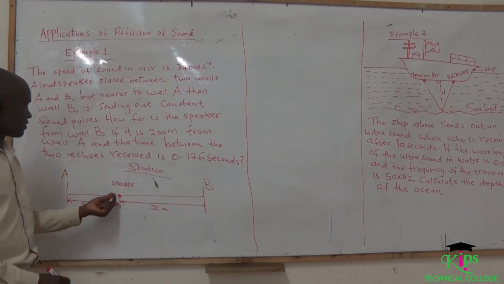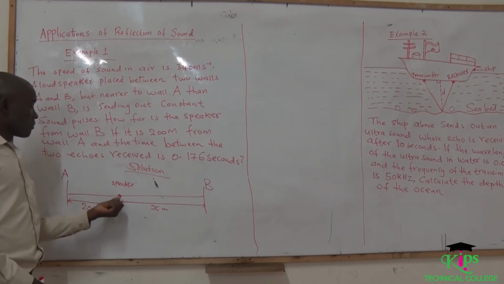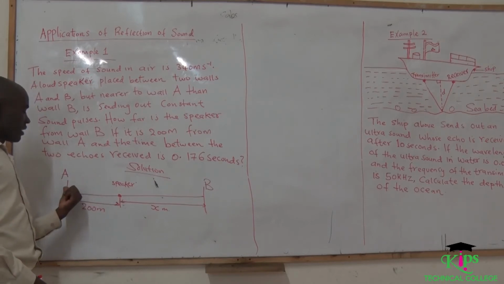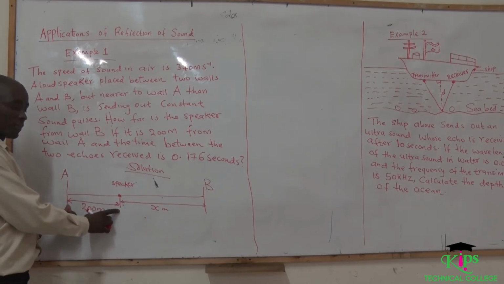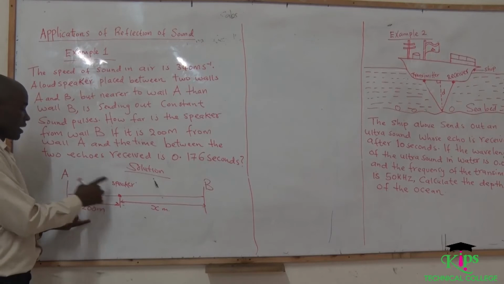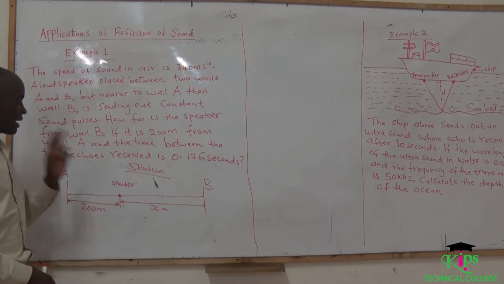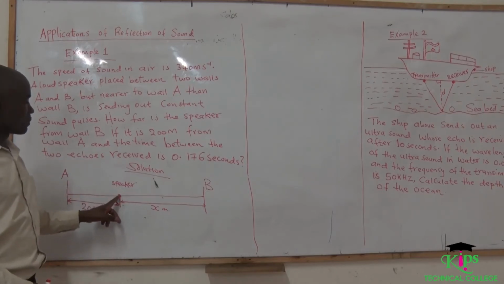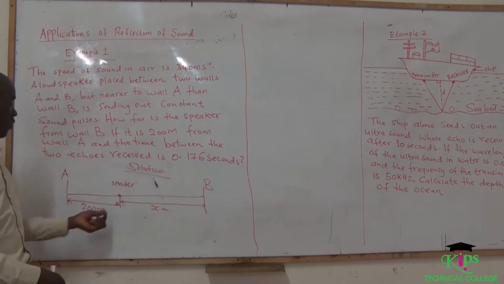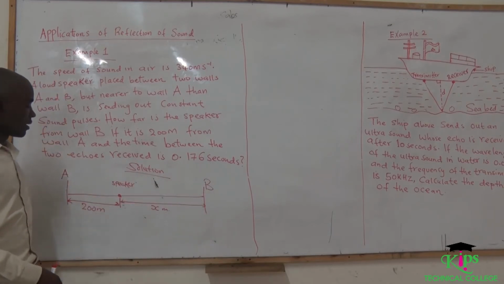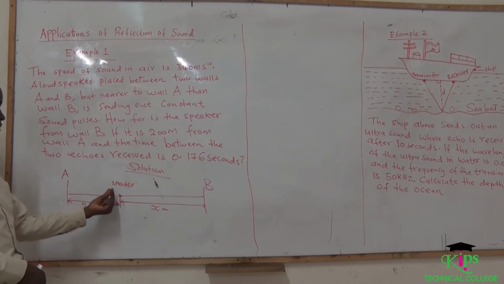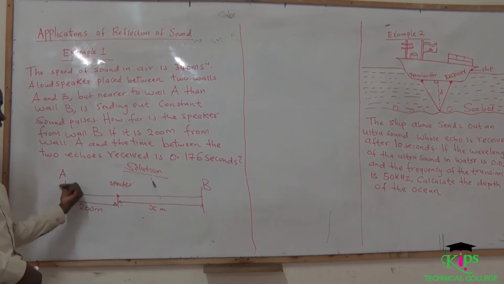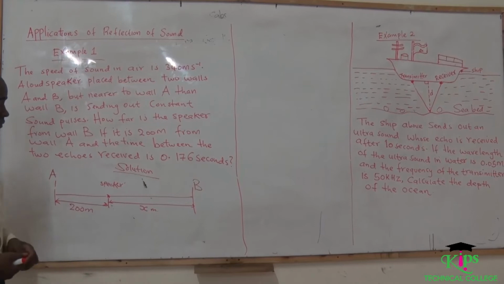It means that the sound from the speaker will travel to wall A and be reflected back. The distance between wall A and the speaker is shorter compared with the distance between the speaker and wall B. So once the speaker is set on, the first echo will be from wall A, because the sound travels to it and comes back in a shorter time.